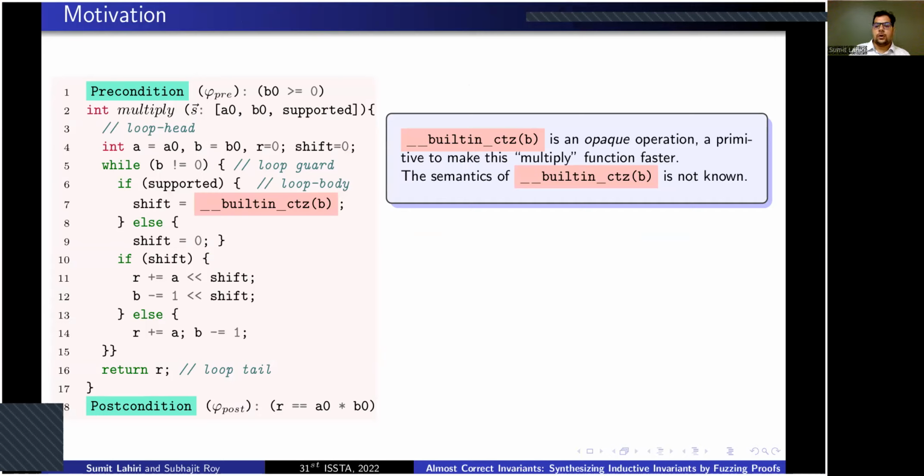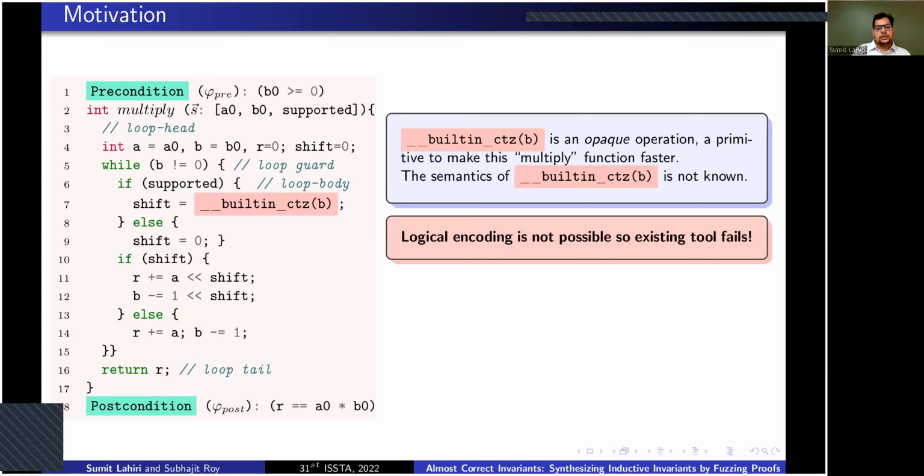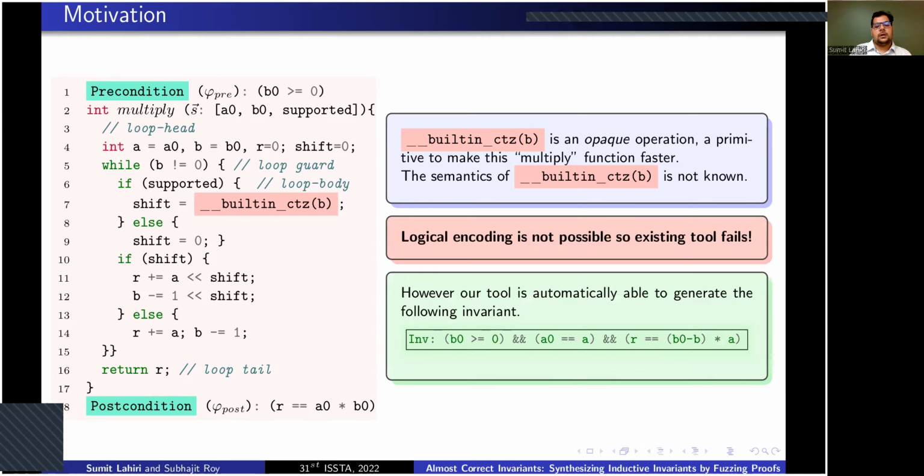However, it is an opaque operation. It is a compiler primitive to make this function faster, but the semantics of this is not known. Logical encoding of this kind of program is not possible, so the existing tools fail. However, our tool is automatically able to generate the following invariant for this program on the left, which is this invariant here.